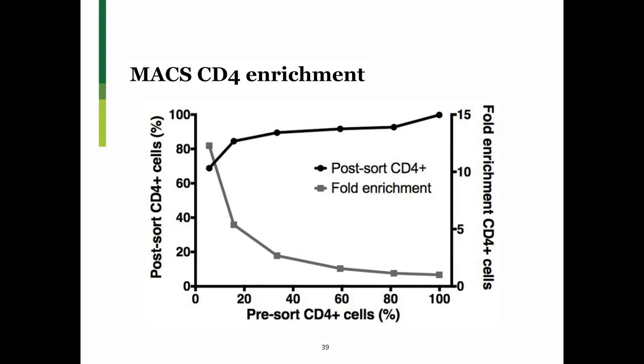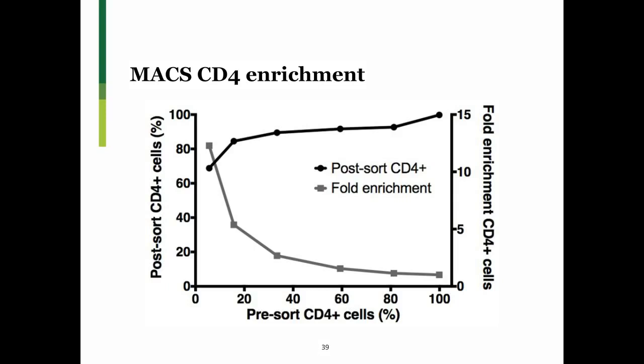So the black line is showing that when we start with 20% or 10% CD4-positive cells, after one enrichment, we can be higher than 60% or higher than 80%. So this was just to prove to ourselves that we could purify these cells out.